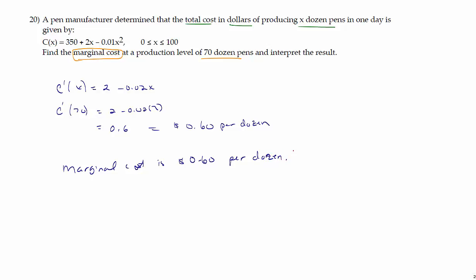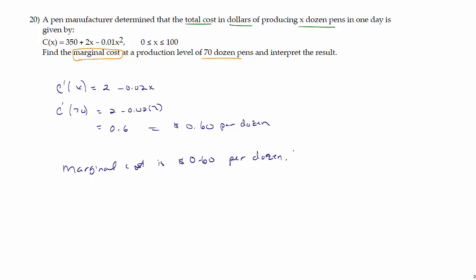And then, like I said, it's interpreting it. Marginal cost, think about it as telling you about the next one. So it is a derivative. So it's the derivative when I made 70. So that's the rate of change, telling me what happens right after 70. So it's kind of an estimate of what's happening between 70 and 71.